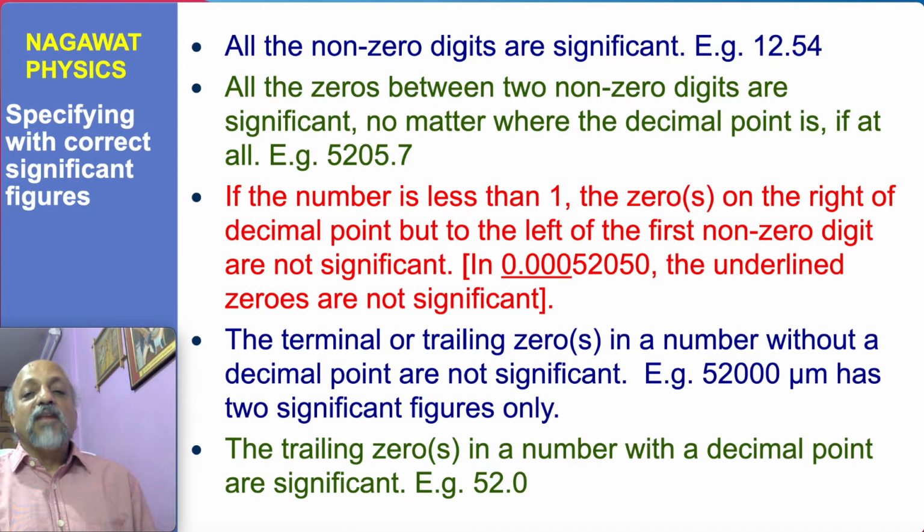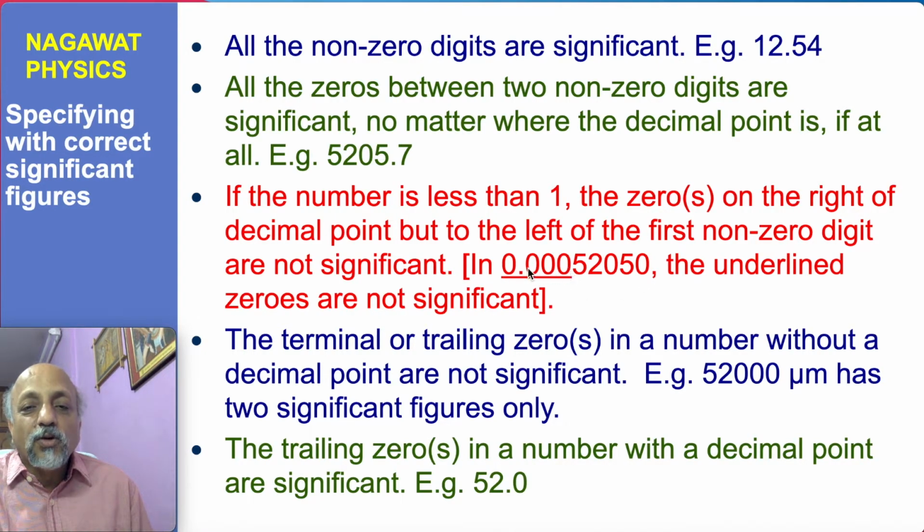If the number is less than 1, and suppose you express a number like this, 0.0005250, so this is a number which is less than 1, and there are 4 zeros before the 5250, which means to the left of this particular 5 there are 4 zeros.